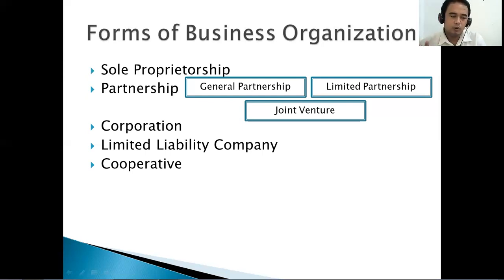So the banks will not go over their personal assets, only the investment that they have used in their corporation. The board of directors, an elected group from the stockholders, controls the activities of the corporation. So there is a board of directors.